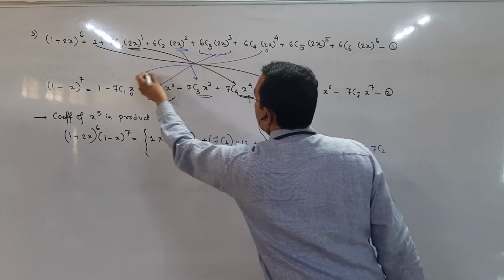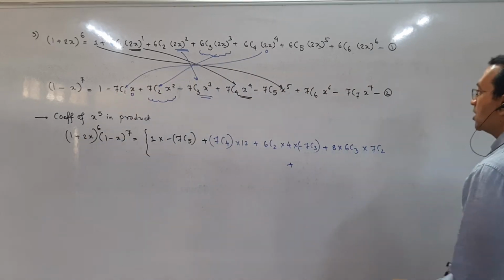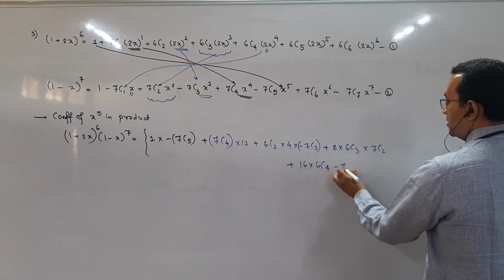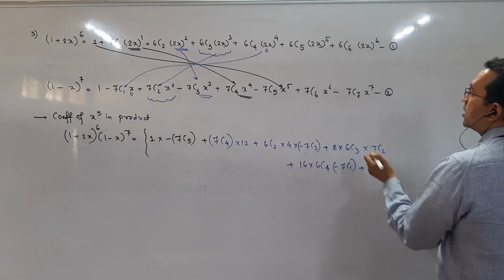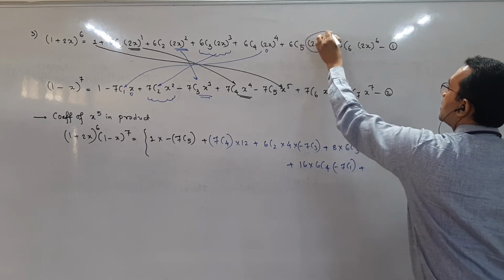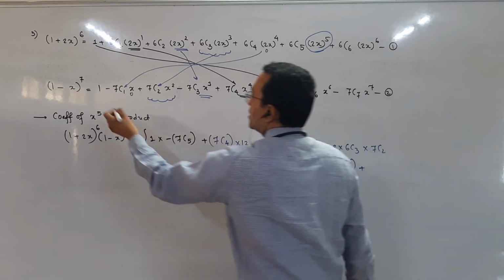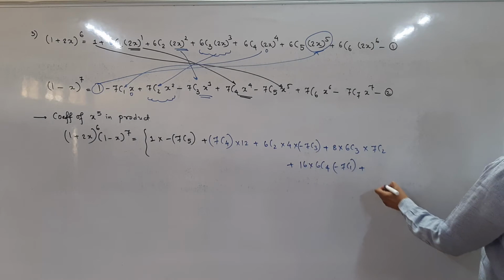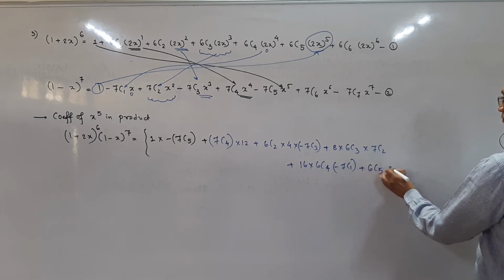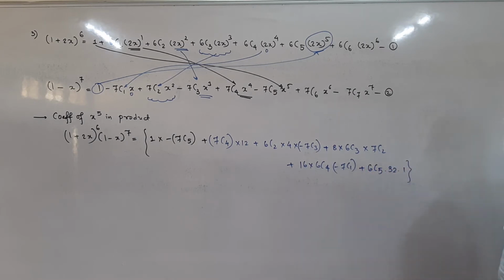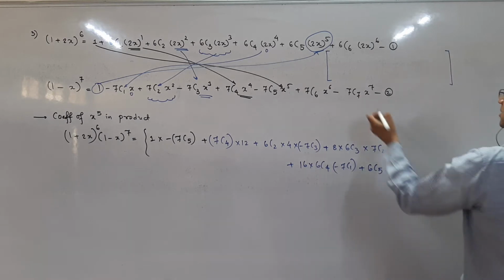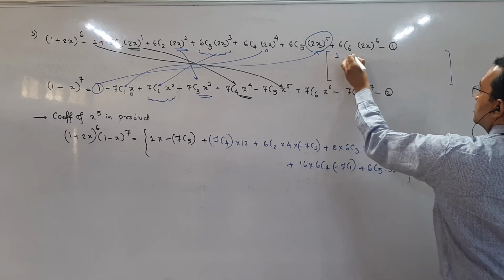These two terms, if I multiply, I will get x raised to 5. 2 raised to 4 is 16 into 6c4 into minus 7c1, plus this last term x raised to 5 and 1. So 6c5, 2 raised to 5 is 32 into 1.